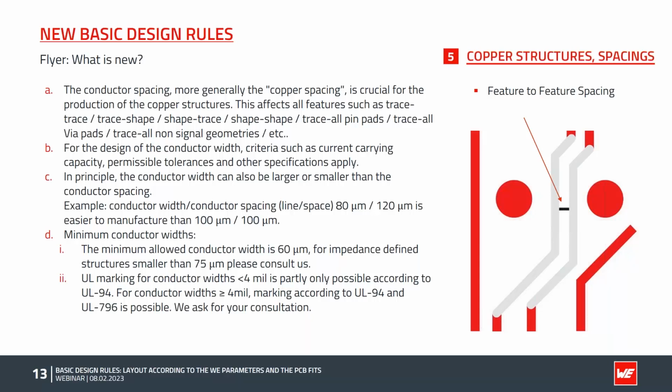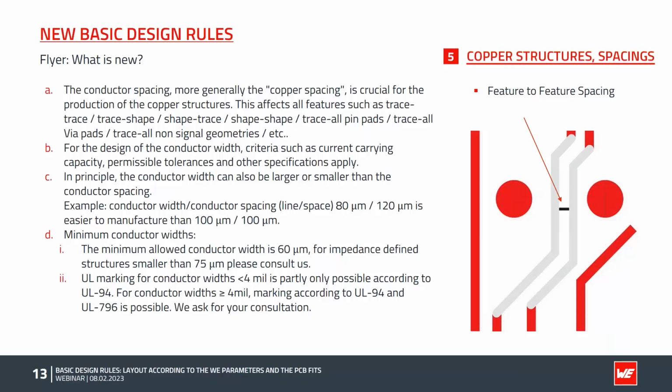If we regard UL marking, there is a value of 4 mil, and below 4 mil, around about 100 micron conductor width, there is just the chance to make a marking according to UL 94, that means flammability.